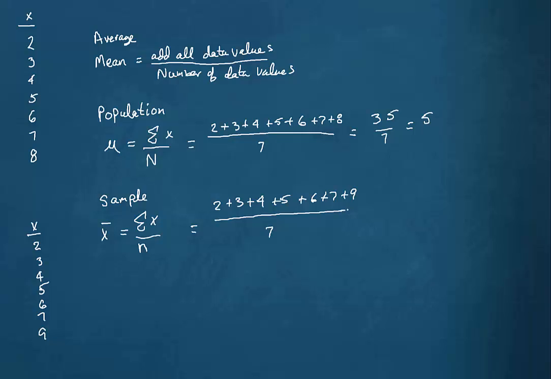There are still 7 data values. This is going to be 36 divided by 7, which is going to give us 5.142857 out to that many decimal places.